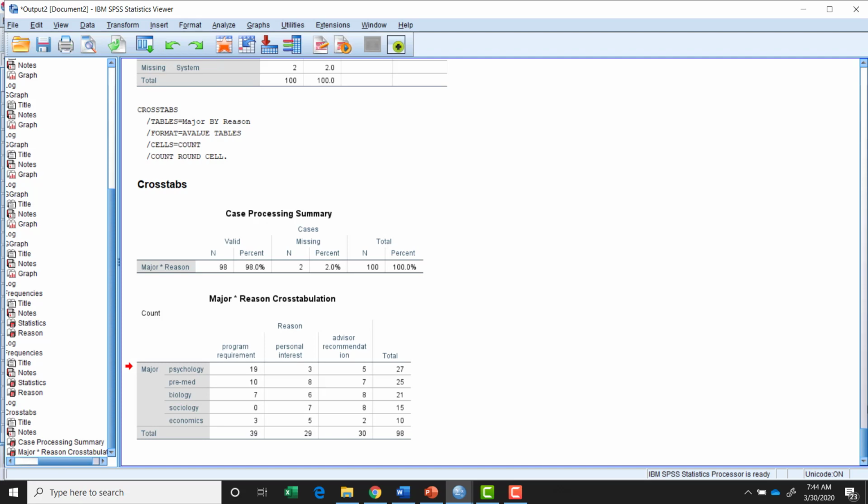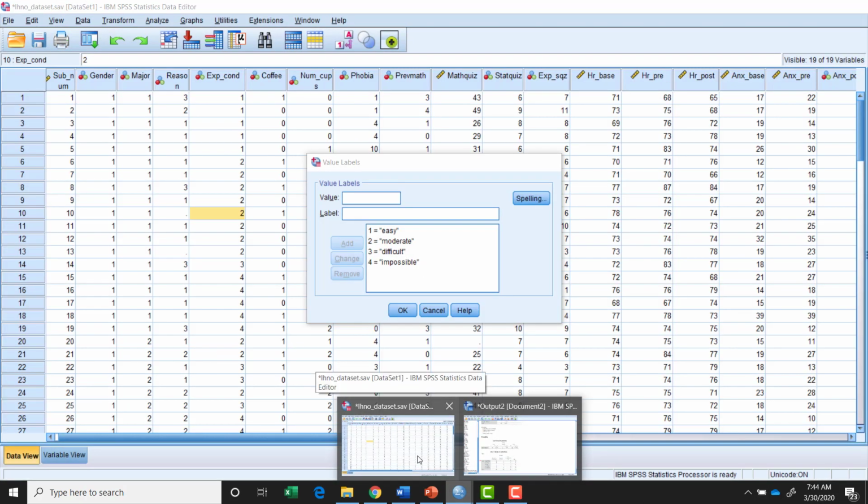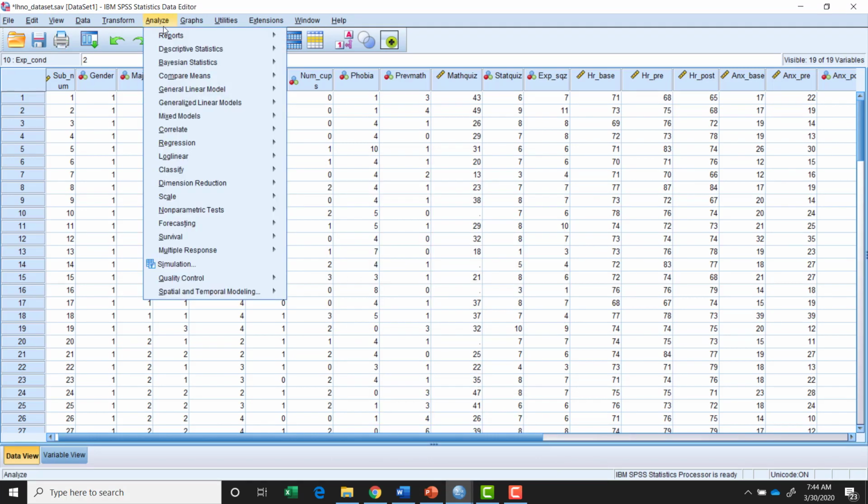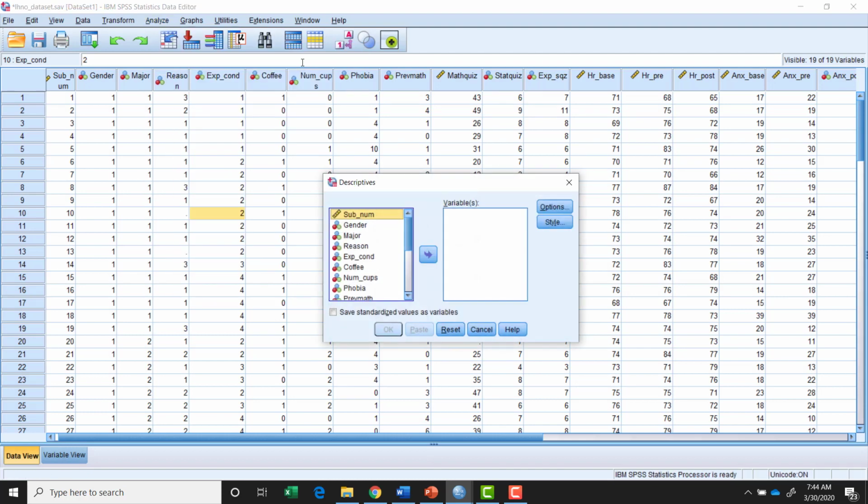Okay, to wrap this up, let's do a little bit of descriptive statistics, looking at some summary variables. Let's go to Analyze, Descriptive Statistics, Descriptives, and select heart rate pre.